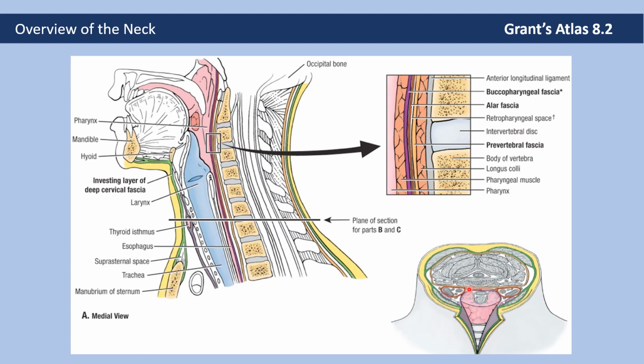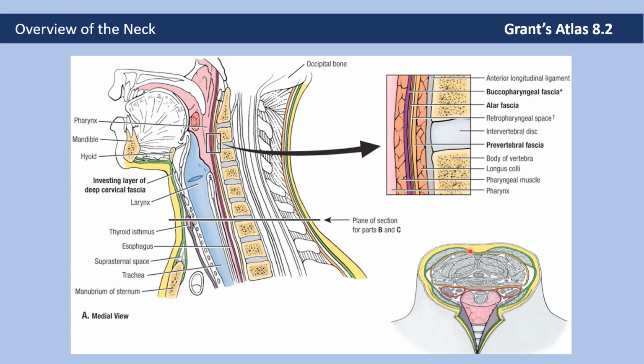There's an extension on the posterior aspect of it called the buccopharyngeal fascia, and you can see in this cutout of the layers here that the buccopharyngeal fascia is shown here in purple, and then finally you get to these white spaces between the buccopharyngeal fascia in purple and another fascia layer called the prevertebral fascia. This prevertebral fascia is indicated in this image below by the orange line.